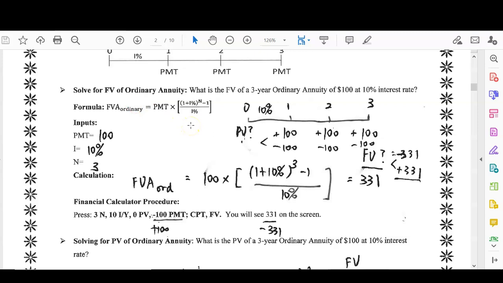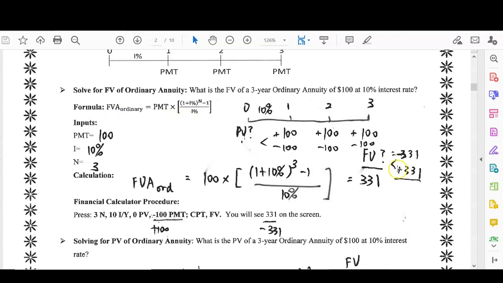We can just use the formula for future value of ordinary annuity, which is payment multiplied by 1 plus interest rate to the power of n minus 1, divided by interest rate. Okay, for this formula, if you're interested in how we derive it, you can contact me through email or set an appointment with me. I can show you the derivation of how we get this formula.